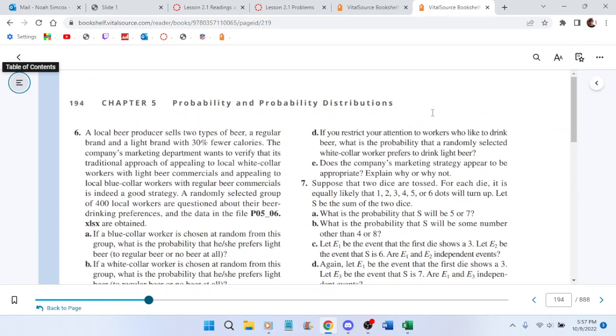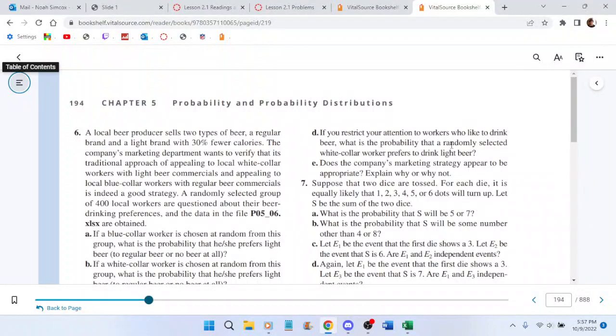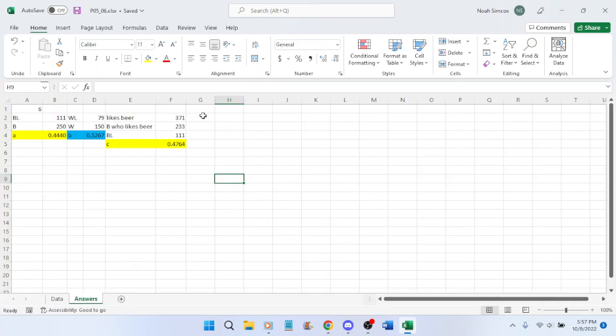If you restrict your attention to workers who like to drink beer, what is the probability that a randomly selected white-collar worker prefers to drink light beer? W who likes beer.